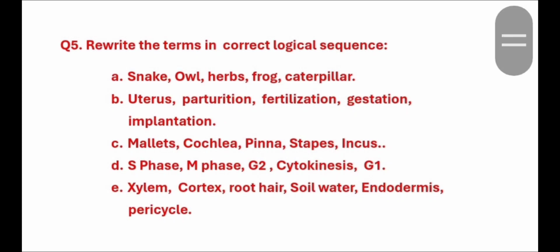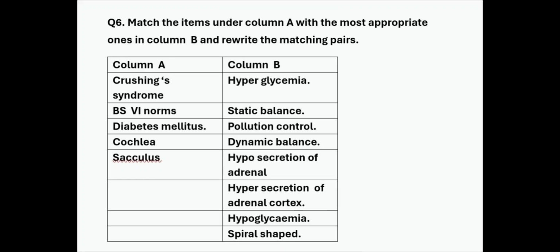Now let's see question number 6, which is actually based on matching, where you have 2 columns, column A and column B. What is important in questions on matching is that you rewrite the table and then bring the perfect matching pair onto the right hand side to the word which is befitting for the one on the left side.